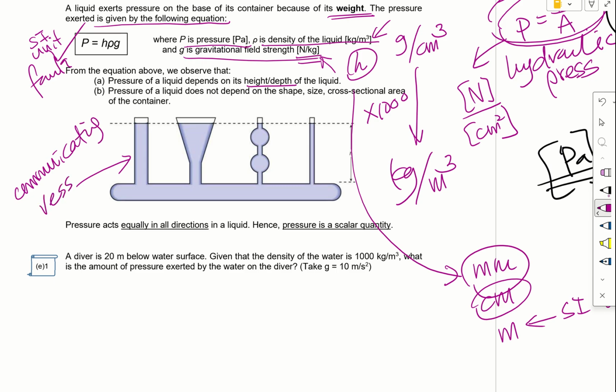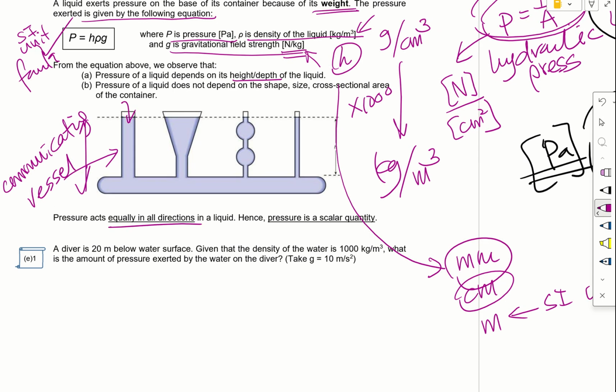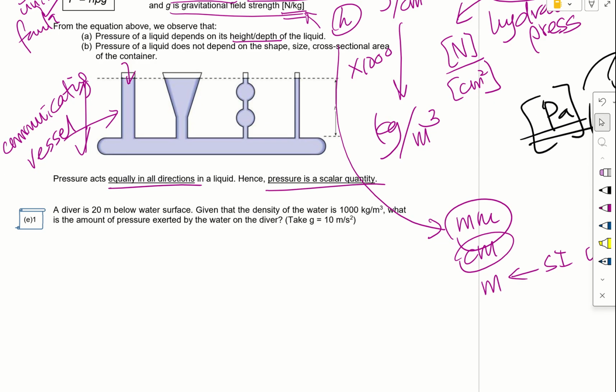You can see that even if you pour the water in, it will just fill up and in the end result in equal depth or equal height of the liquid. This is because pressure acts equally in all directions in a liquid, and pressure is a scalar quantity. Density is a scalar quantity, and pressure is also a scalar quantity.